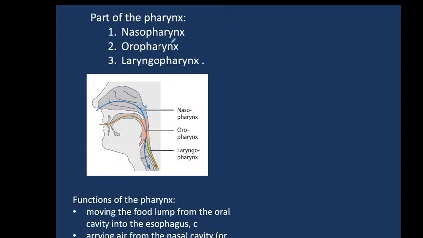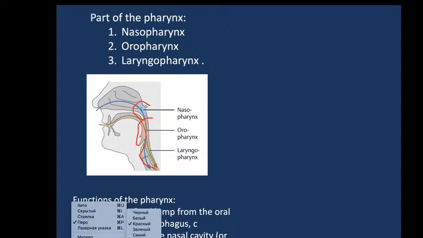Usually there are three: nasopharynx in blue, oropharynx in pink, and laryngopharynx in green. And the nasopharynx usually is connected with the nasal cavity.